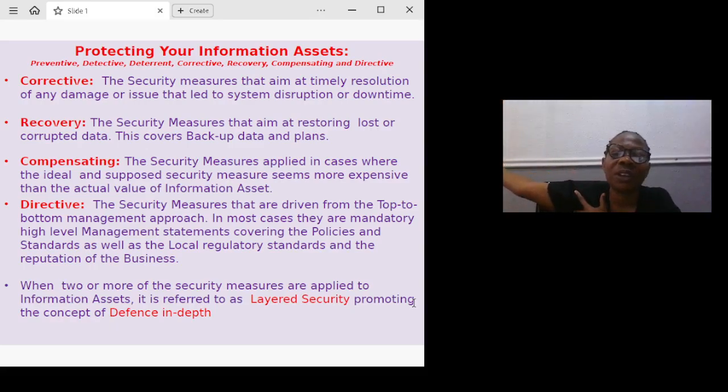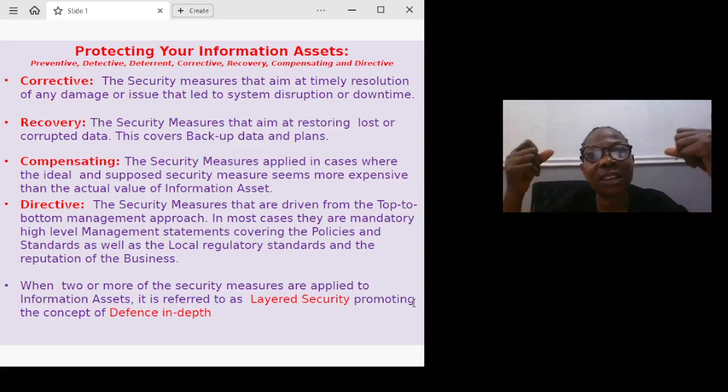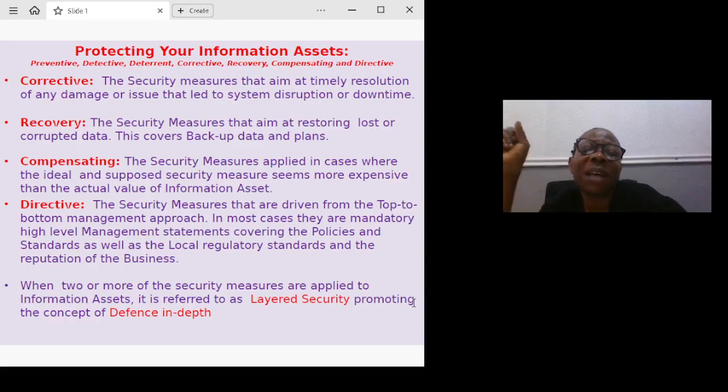You can call it a business continuity site, your off site, if it is a natural disaster that has affected your business or the location of your business. So you have to put all these plans in place. These are all measures of control.